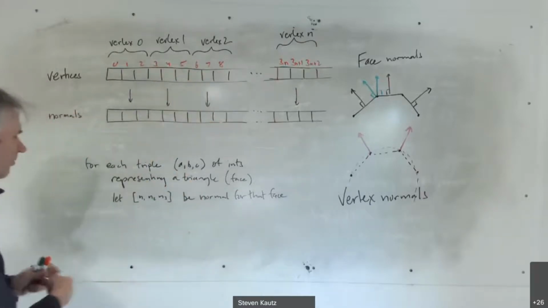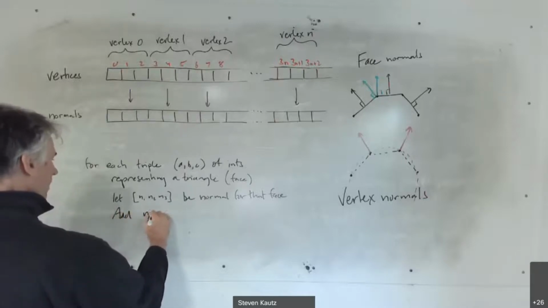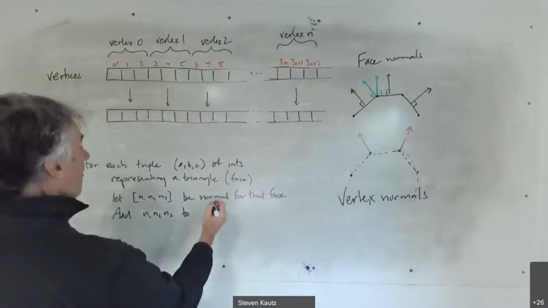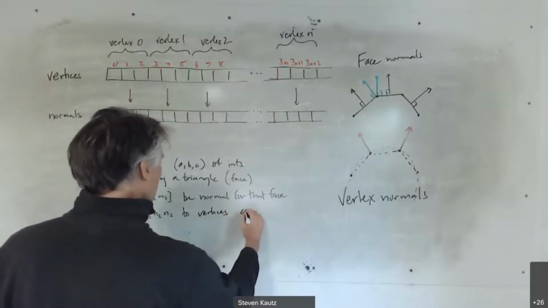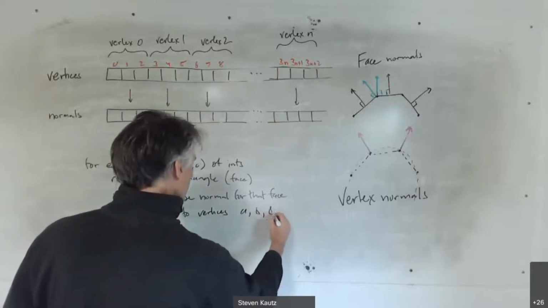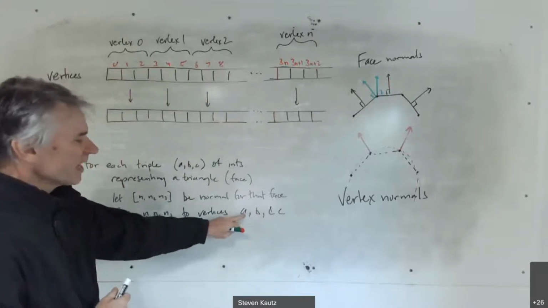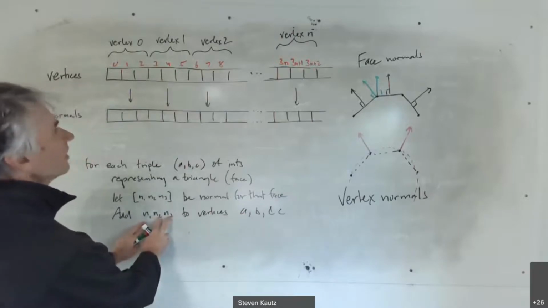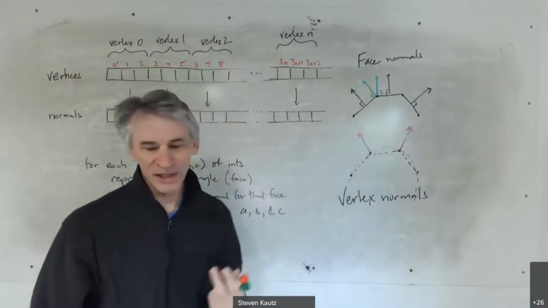And so what you do is you just add n1, n2, n3 to vertices A, B, and C. In other words, literally, you're going to take 3a plus 1, 3a plus 2, 3a plus 3, and add those three numbers to that triple in the array.